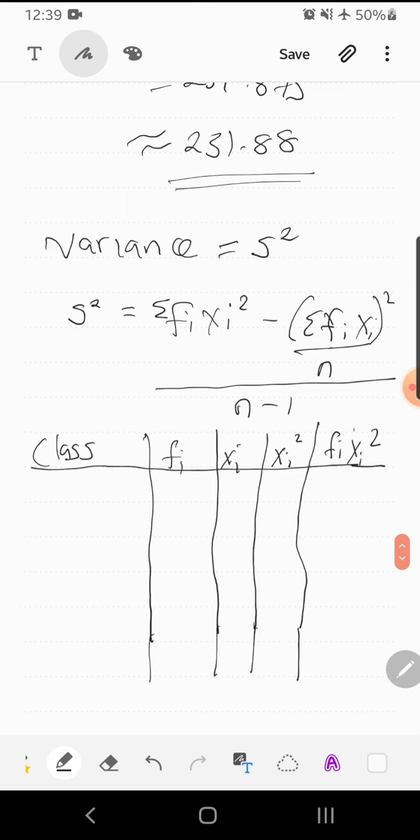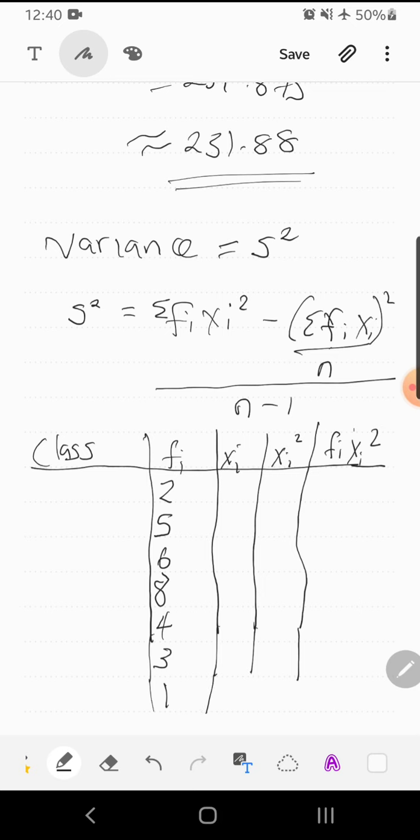Okay, so I know you have this from before, so I'll just put in the frequencies: 2, 3, 2, 5, 6, 8, 4, 3, 1.